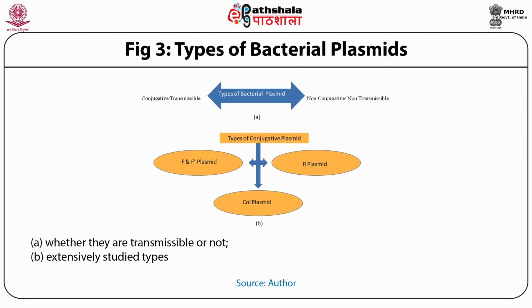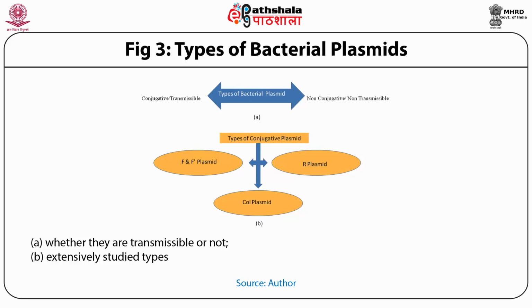Plasmids may be divided into two groups: conjugative or transmissible plasmids. These plasmids mediate the transfer of DNA by conjugation. Examples: F and F' plasmid, many R plasmids and some col plasmids.